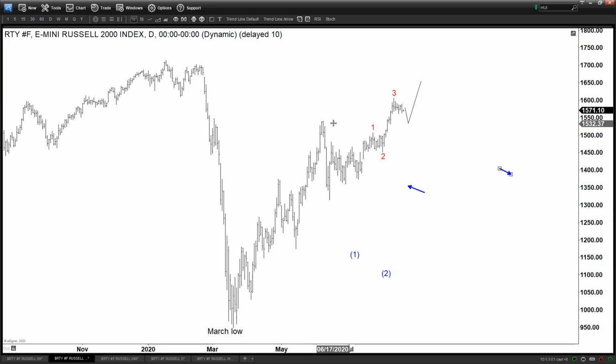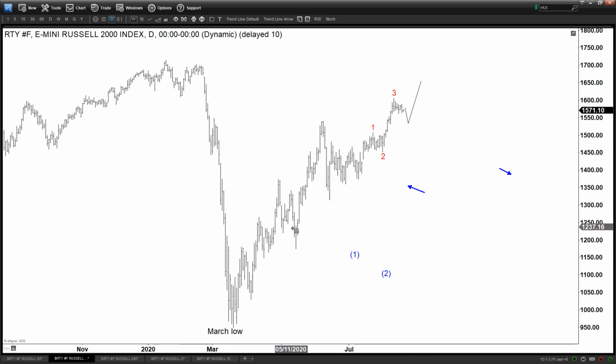The rule says wave 3 cannot be the shortest wave. It doesn't have to be the longest, but it cannot be the shortest. So that means if this is shorter than this, your wave 5 cannot be longer than your wave 3, otherwise it will violate the rule.